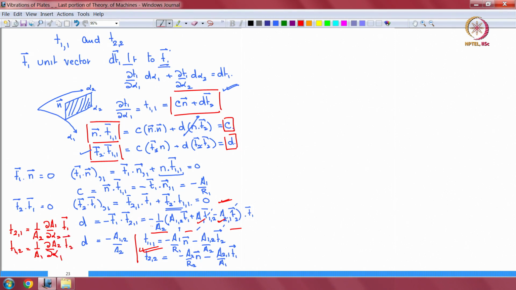You can see these are the first terms of the new values. So, this long formula was used to derive T11, T22, and T11, T22 were used to derive the short formula. There is no circularity.